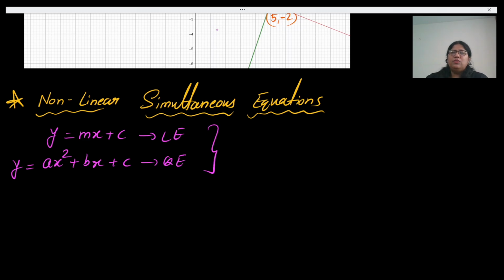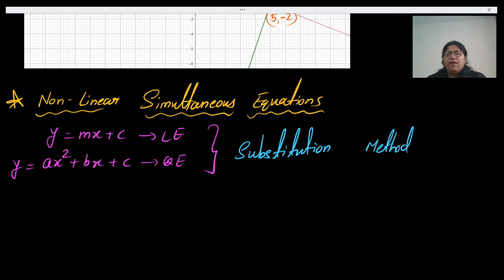Whenever we have this, we will not have the elimination method. We'll have only the substitution method. In the substitution method, you always substitute the value from the linear equation into the quadratic equation. So here, from the linear equation to the quadratic equation, you substitute the x or y variable value.